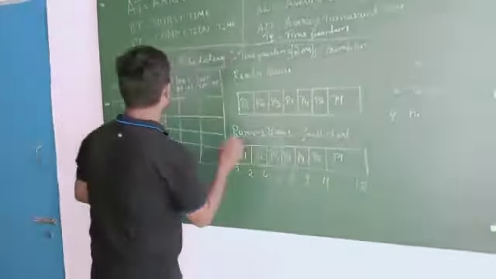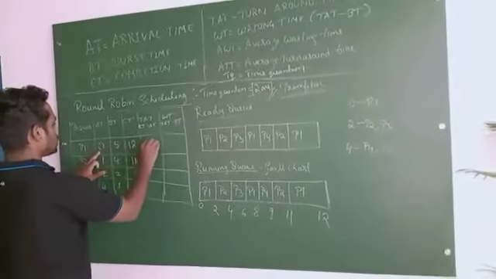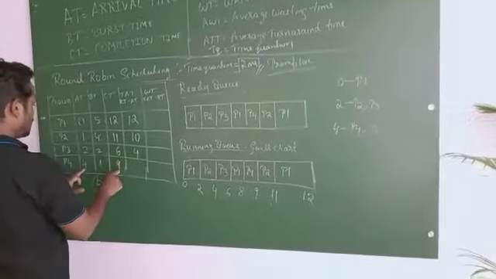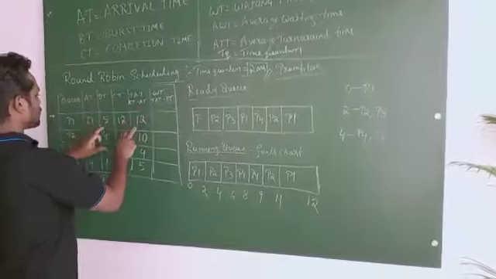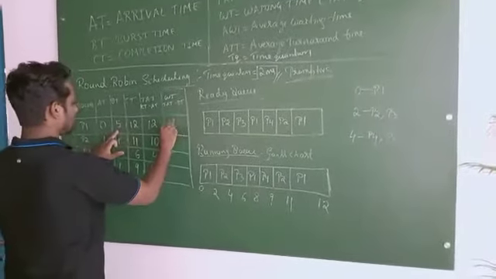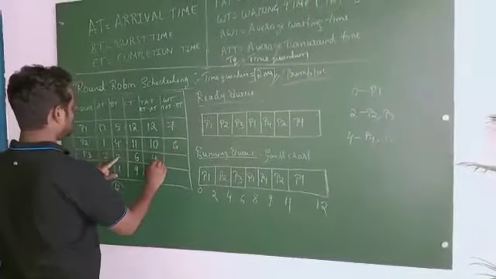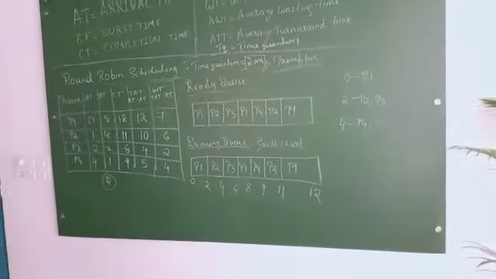P4, completion time is 9. Same way, turnaround time is completion time minus arrival time. 12 minus 0 is 12, 11 minus 1 is 10, 6 minus 2 is 4, 9 minus 4 is 5. Waiting time is turnaround time minus burst time. So 12 minus 5, I'll get 7. 10 minus 4 I'll get 6, 4 minus 2 I'll get 2, 5 minus 1 I'll get 4. So that's it.